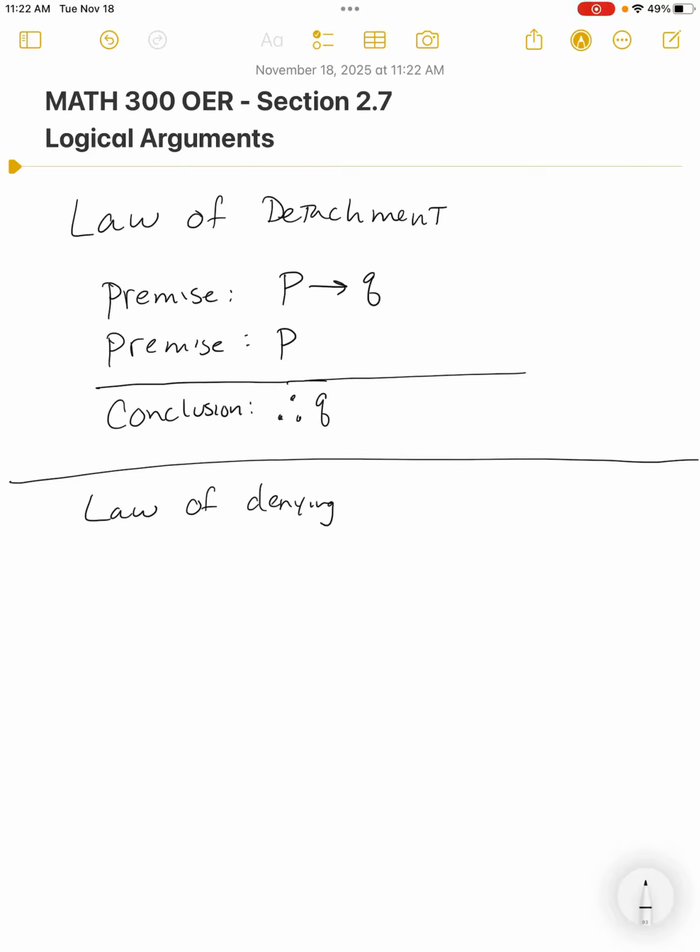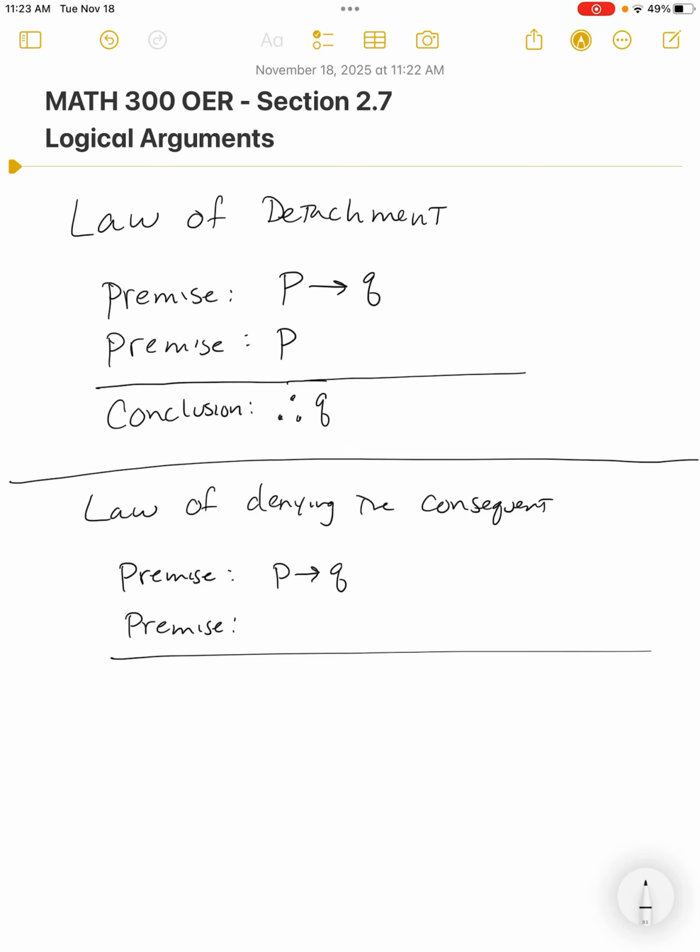So let me write that out. The law of denying the consequent. Now I'll talk about this one a little differently than the first one, but I could have talked about the first one that way. There's two premises. So premises are things that you know are true. If these two things are true, then the other thing happens.